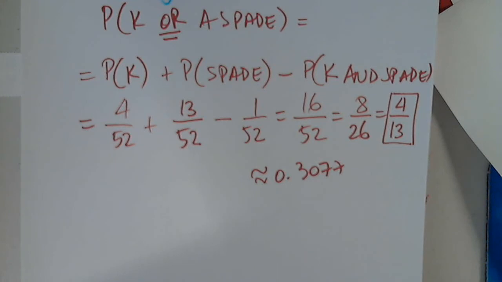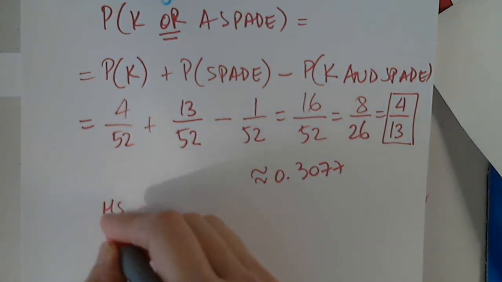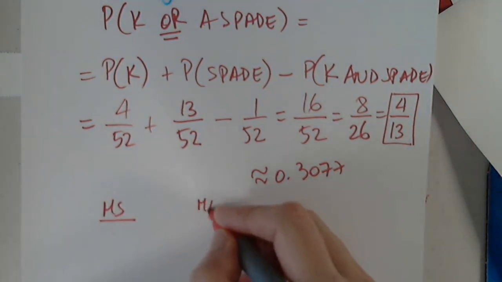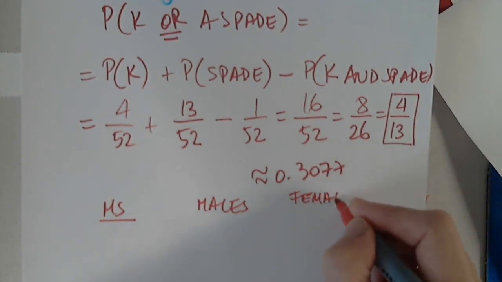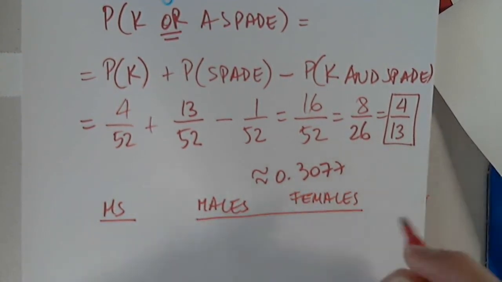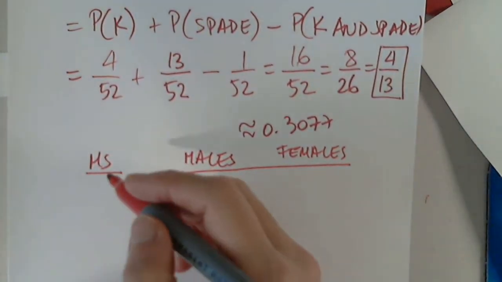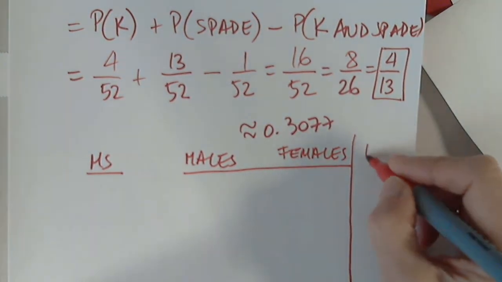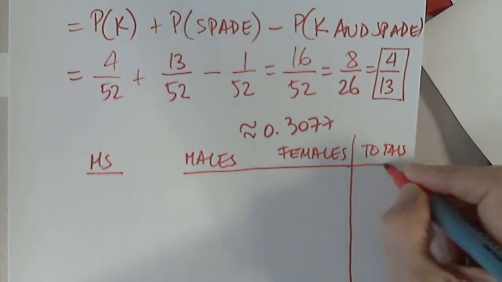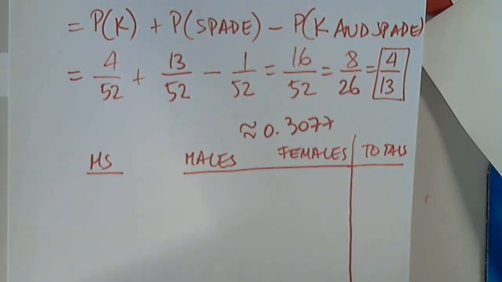Contingency table: the marital status and males and females. For contingency tables, make sure that you have another column that gives us totals. Okay? So quickly, you don't have to copy it if you have it.